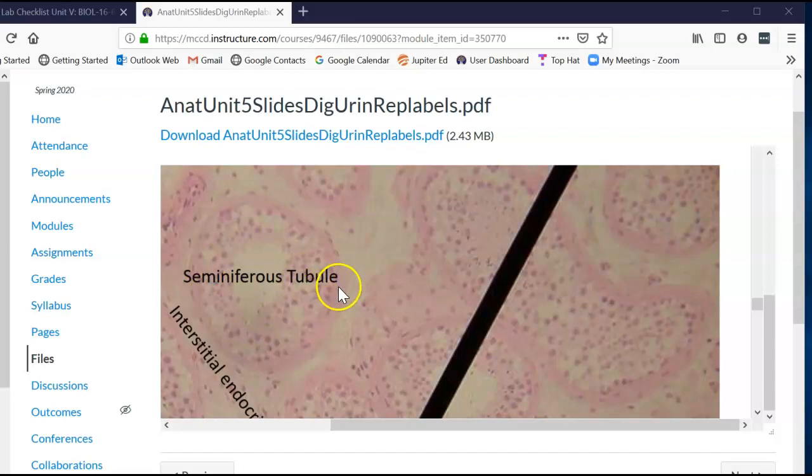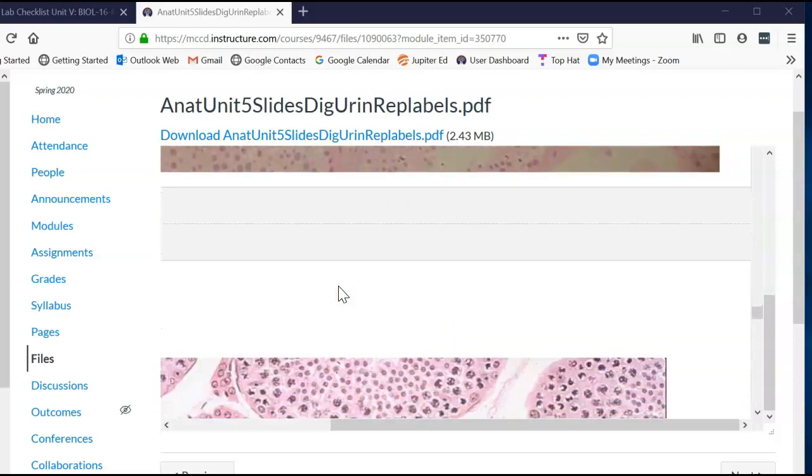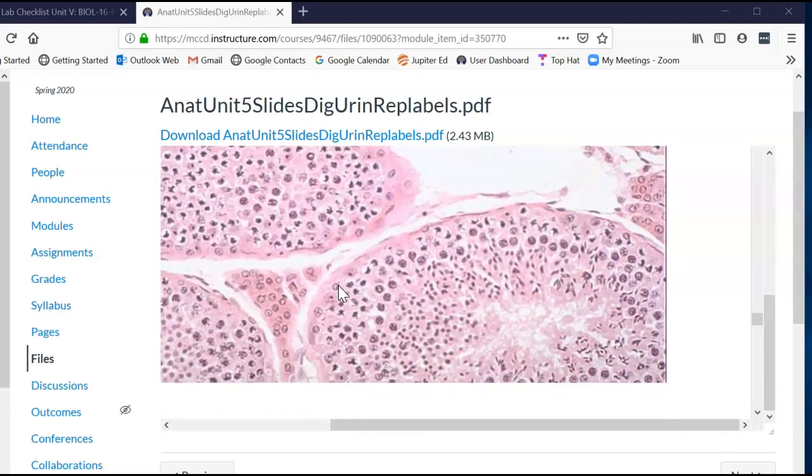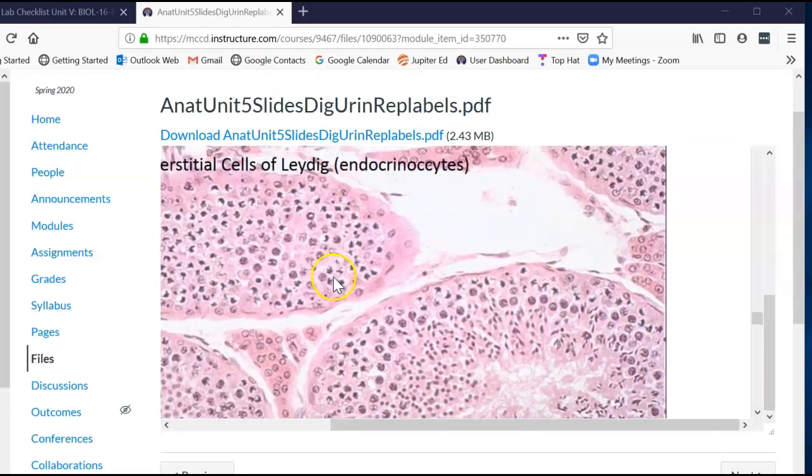And so the way to learn the stages of the cells in the seminiferous tubule is to understand that as things develop, they develop from the outside and they work their way in. And so they keep dividing in order to produce the sperm.